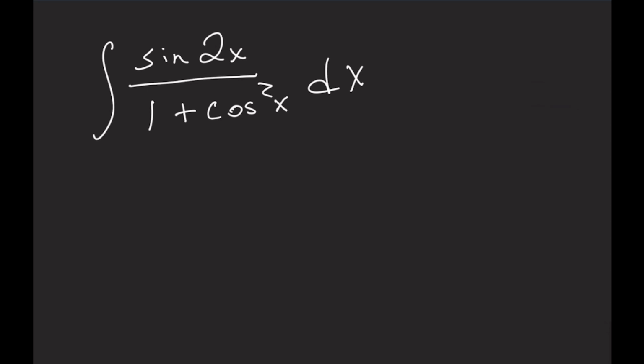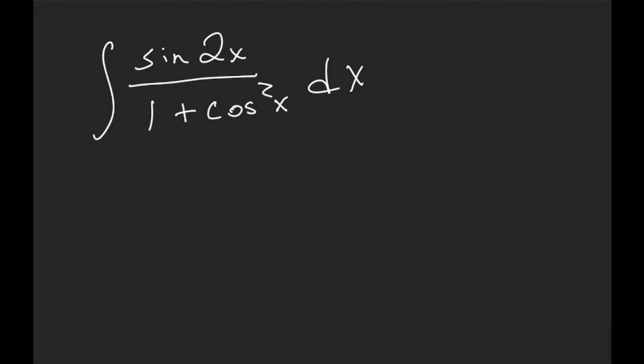I want you guys to try and figure this out on your own before I do it. This one is a little bit tricky, and you have to know your trigonometric identities.